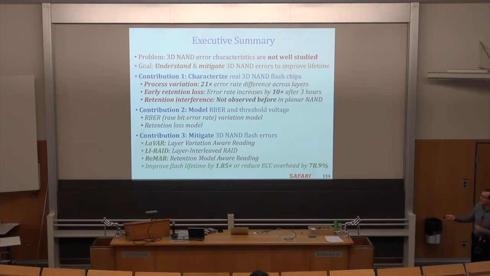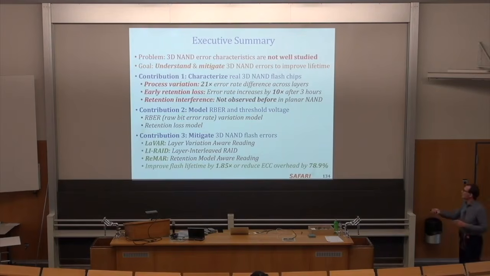And also, if your layers are very disparate from each other in terms of error rates, maybe you do better interleaving such that you pick blocks in a more balanced fashion. I'm going to talk about that briefly. There's also retention model aware reading, which adapts the read reference voltage to the predicted retention.